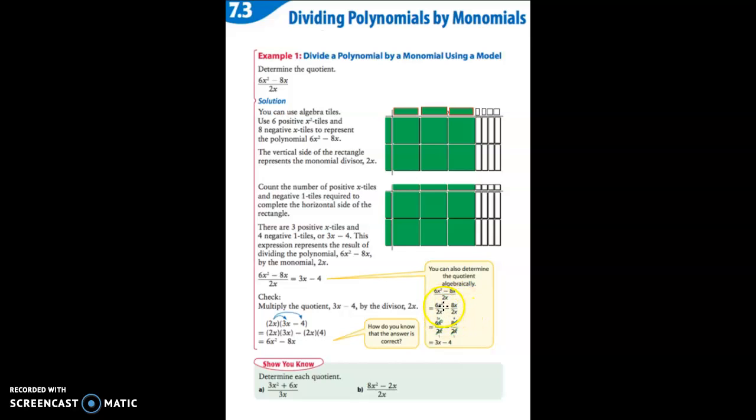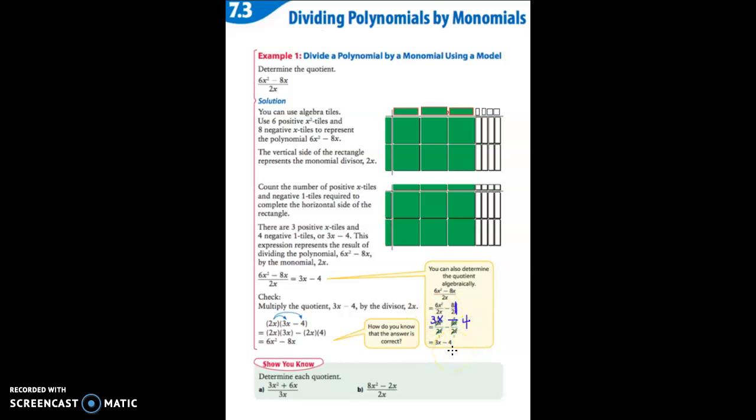Now I know that x squared divided by x gives me x, and then 6 divided by 2 gives me 3, so I have 3x on this side, and then 8x divided by 2x, the x cancels out, so I have nothing right here, and then 8 divided by 2 gives me 4. So I have 3x minus 4. So that's the answer right there.